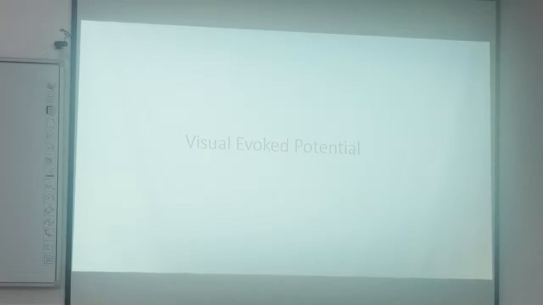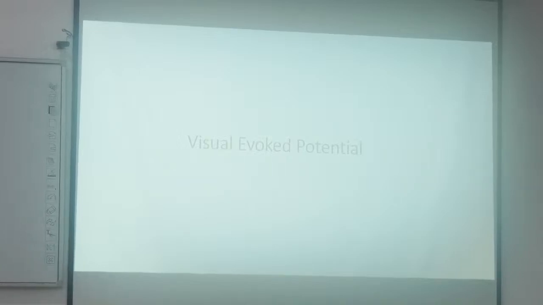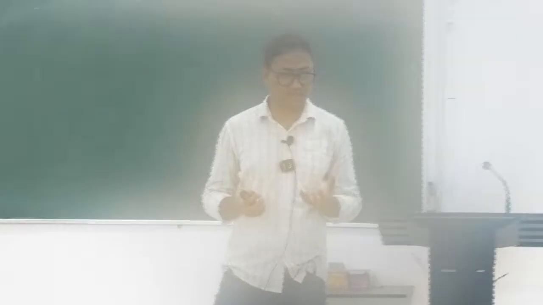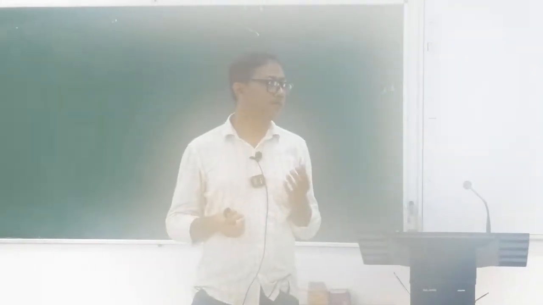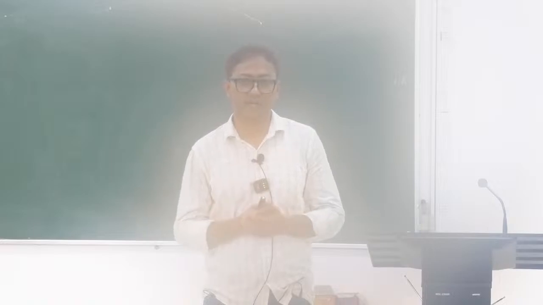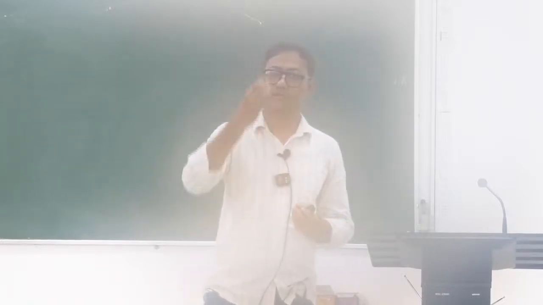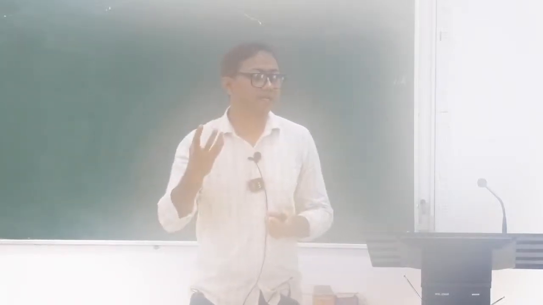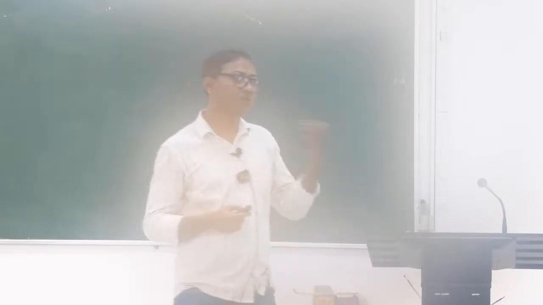Now the visual pathway. Okay, now the visual pathway is to test the optic nerve to the occipital cortex or the visual cortex. You know the visual pathway. It starts from the retina and goes to the occipital cortex. I guess all of you know what the visual pathway is.